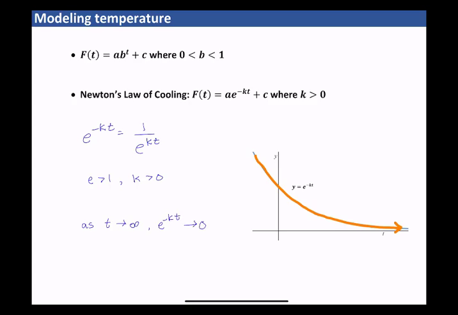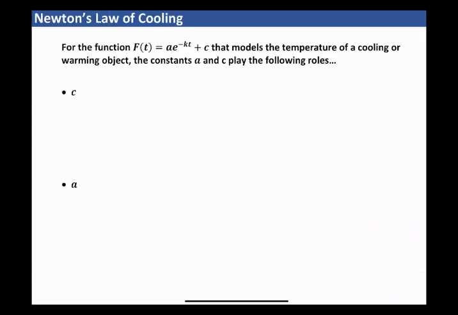Let's determine the roles of the constants a, c, and k for the function f of t equals ae raised to the negative kt plus c that models the temperature of a cooling or warming object. We know that the constant c causes a vertical shift in the graph of y equals e raised to the negative kt. And since e raised to the negative kt tends to 0 as t increases without bound, we can conclude that f of t tends to c as t increases without bound.